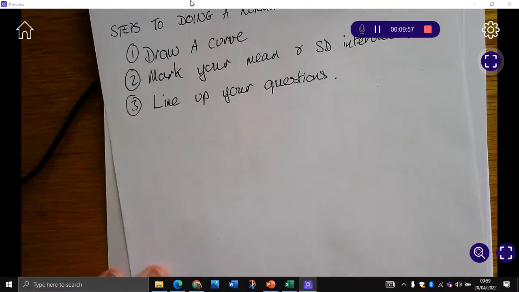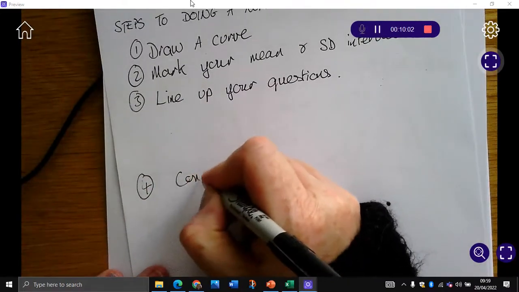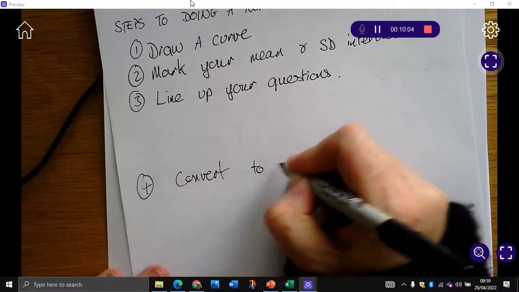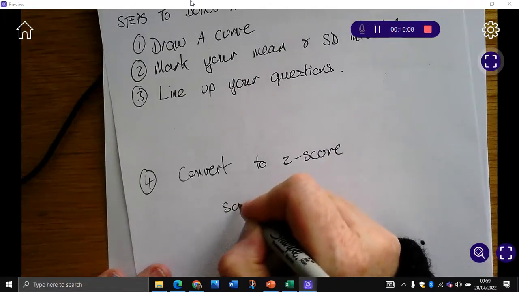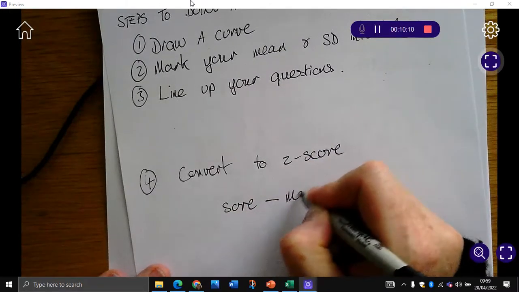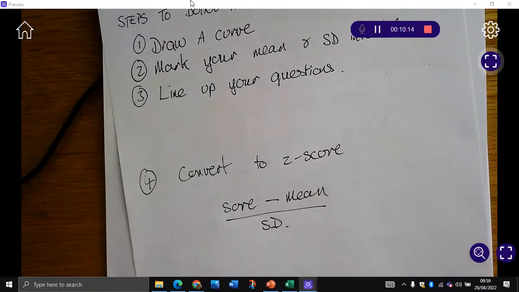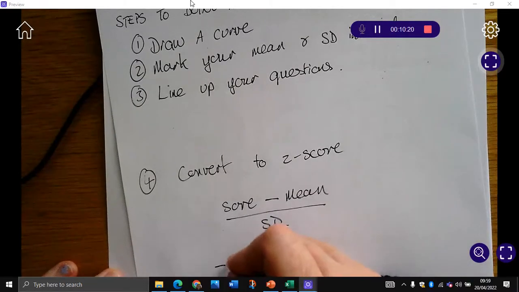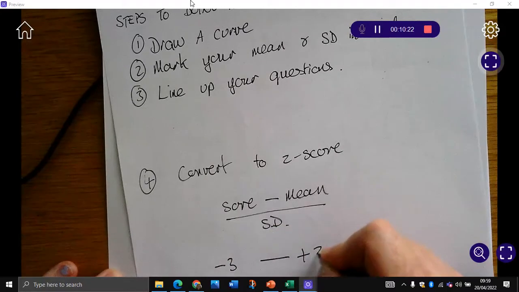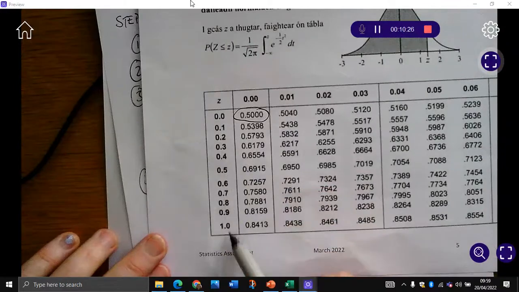Then you convert to a z-score. So that's the score minus the mean divided by the standard deviation. Okay. That gives you a number between -3 and +3, a decimal number usually, and then you just read from here.